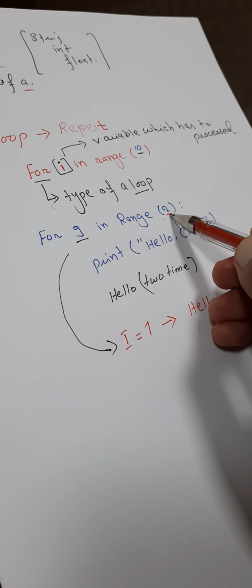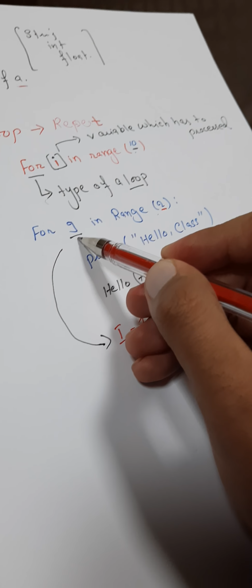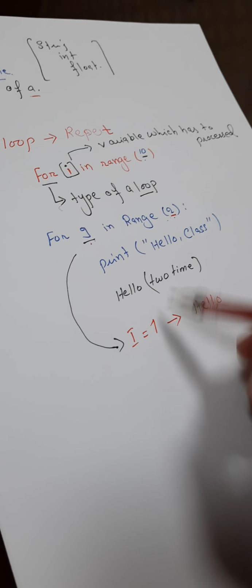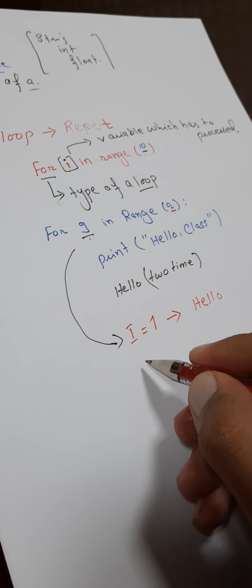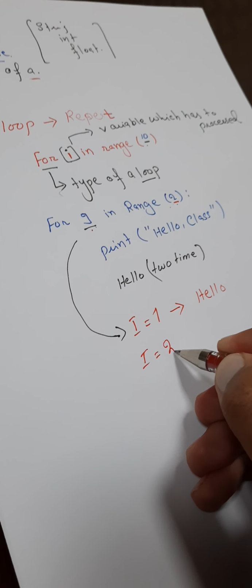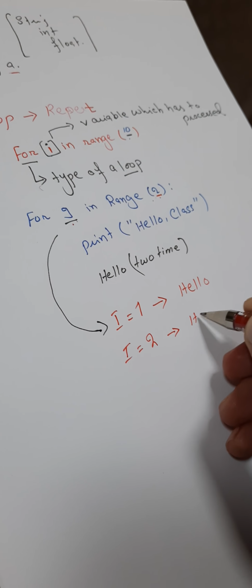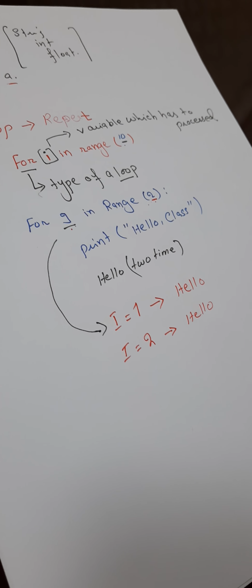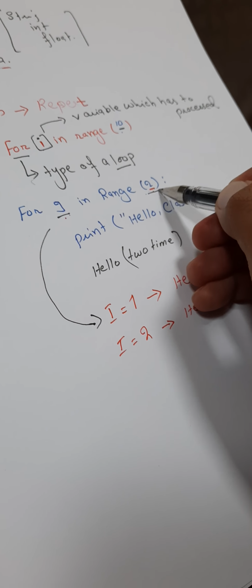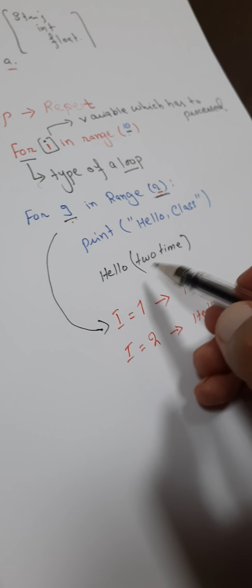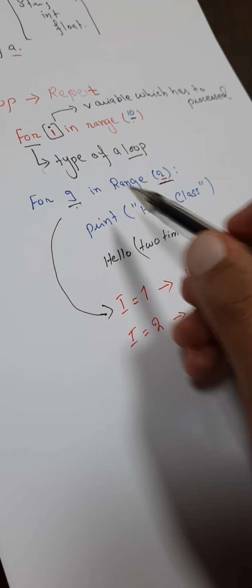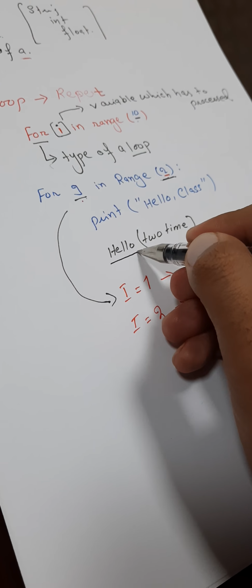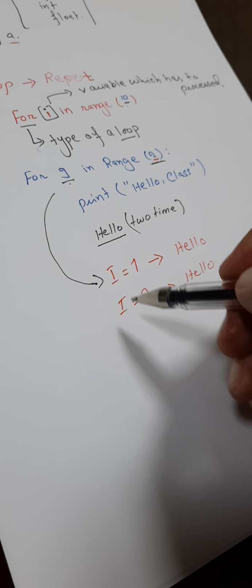Then it automatically goes back to i and checks whether it's 2 or not. No, right now it's 1. Then it increases the value. Now i equals 2, and it prints hello again. Now there is nothing left in this part, and nothing left to be printed after the i condition. So that's why our hello will be printed 2 times.